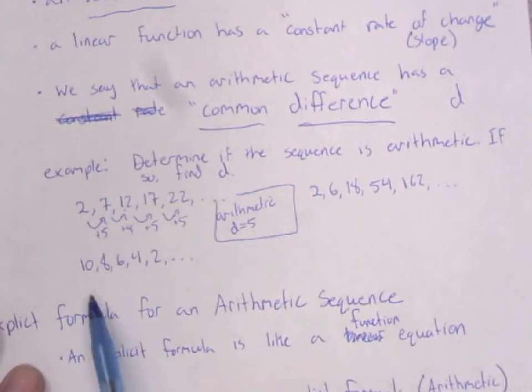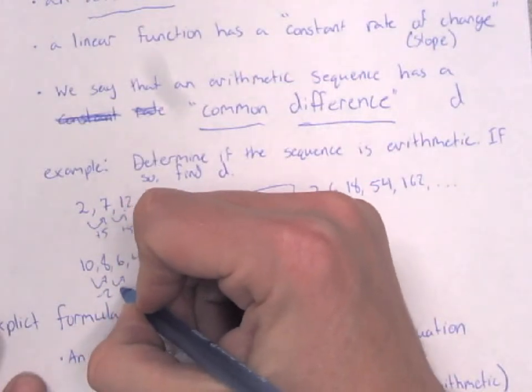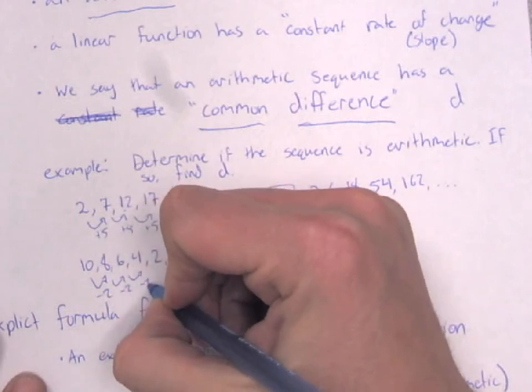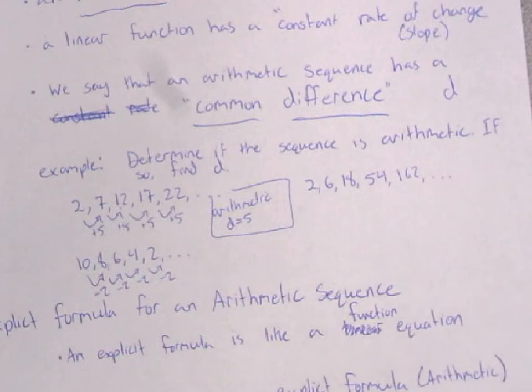All right, let's take a look at this one. Let's find the pattern. We got 10, 8, 6, 4, 2. It looks like it's going down. So maybe we're not adding the same number, but we could say we're subtracting: -2, -2, -2, -2. And that's okay. If we're adding or subtracting the same number, it's still arithmetic.